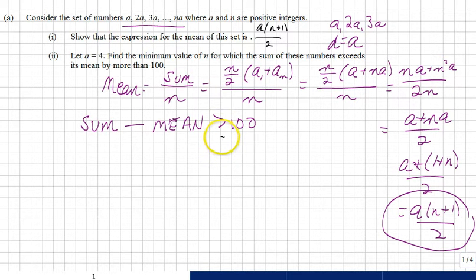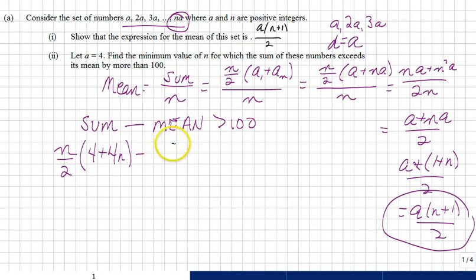Well, now that we know a is 4, we're going to use the sum formula one more time. So n over 2. First term is going to be 4. That's a. The last term, if you look back at the original, the last term is na, so that would be 4n. Now the mean, we just calculated that. That was a times n plus 1 over 2 from the first part.